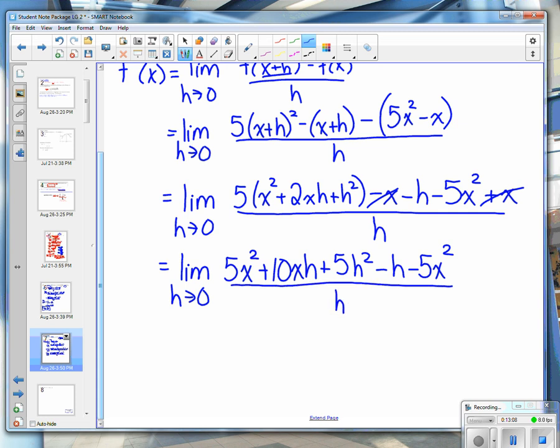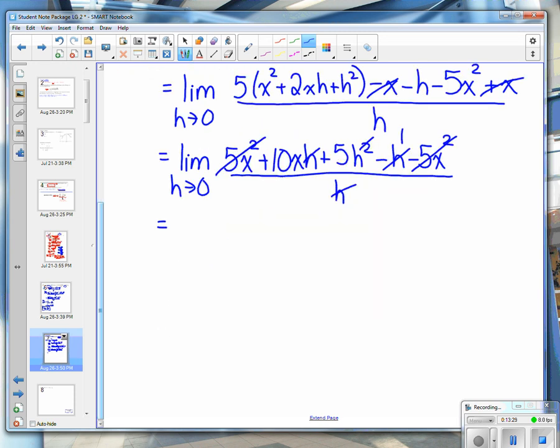Now again, at this stage, remember I keep saying things should cancel, and they do. 5x squared and 5x squared. And then we also can notice that our h's are going to simplify. So this is gone, this is gone, this is gone, and that is just going to become a 1. So let's rewrite that.